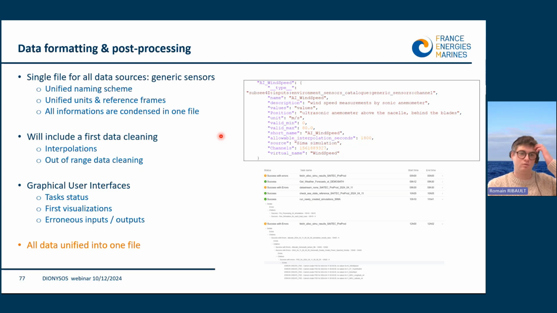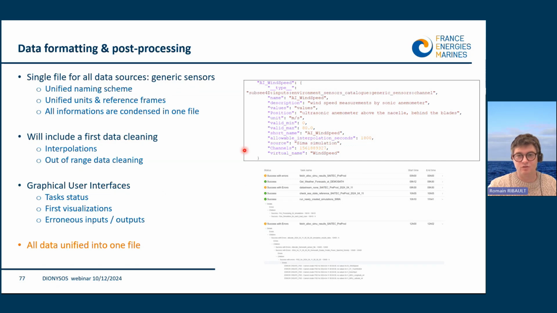So, what we performed is that we defined kind of abstraction on the sensor, and all the sensors have the same architectures. So we have a unified naming scheme, unified unit and reference frame, and all the information from the channels are included within one file.